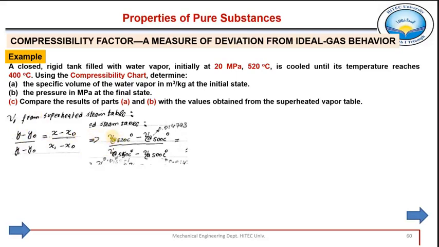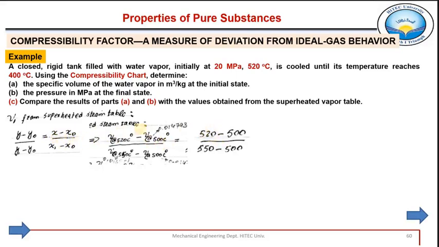What is the unknown? We want to find out specific volume at 520 degrees Celsius, but specific volume at 500 degrees Celsius is given, and specific volume at 550 degrees Celsius is given. So this is y0, this is y1, and this is y, the unknown. And what is given? Temperatures.